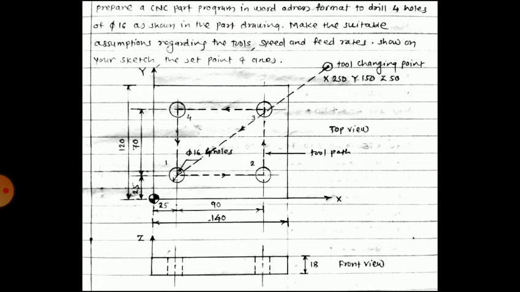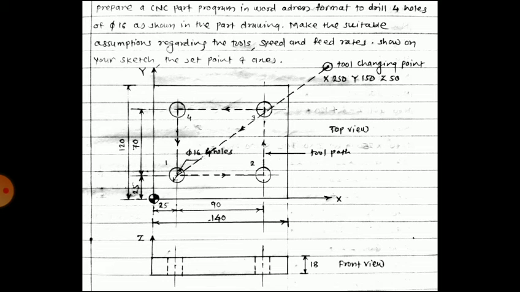You can see all the coordinates. N55 G00 X25 Y95. That is the coordinates of hole number 4.